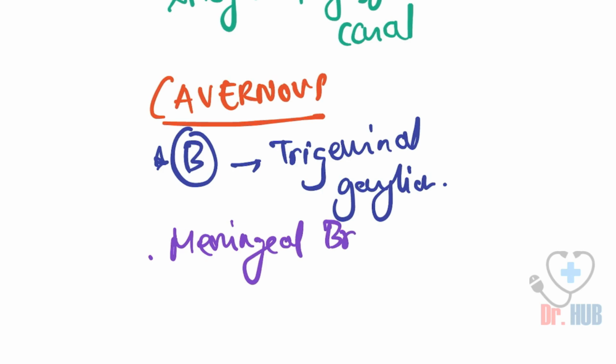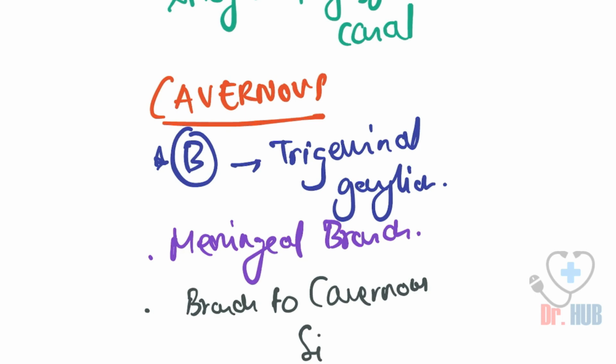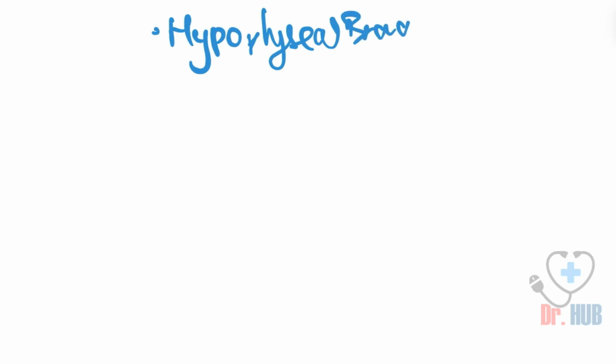Then after the meningeal branch, there is the branch to the cavernous sinus. And lastly, there is the hypophyseal branch.